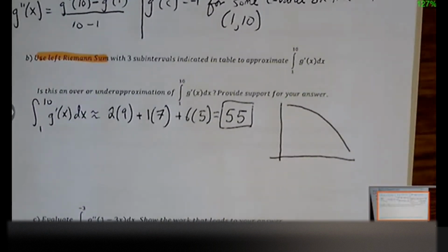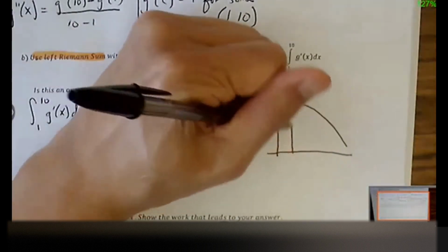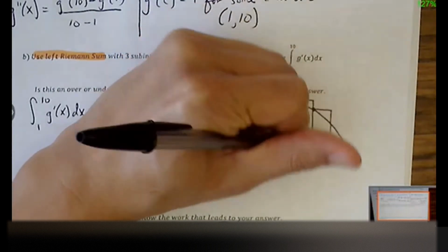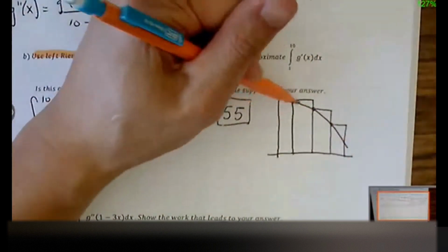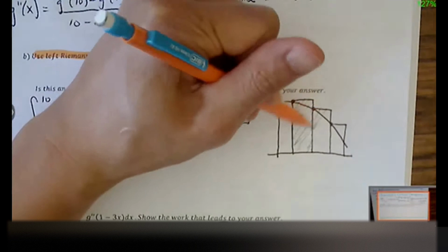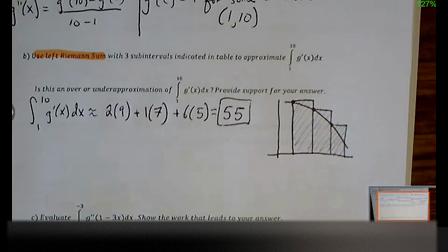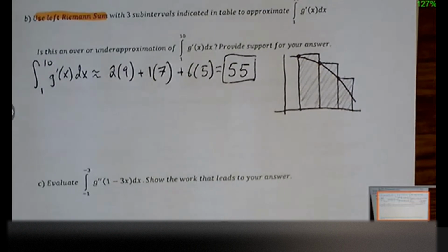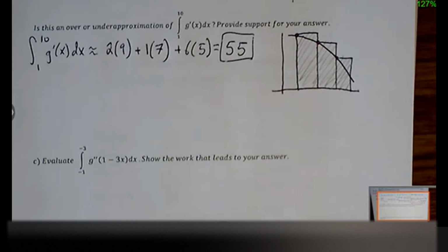I'm going to attach the left endpoint of each rectangle, left upper corner to the graph, and I should be able to convince myself, okay, I'm dealing with an over approximation. Okay, any questions there?